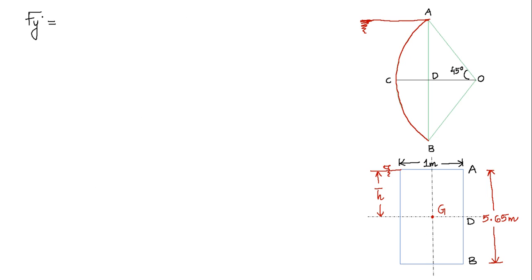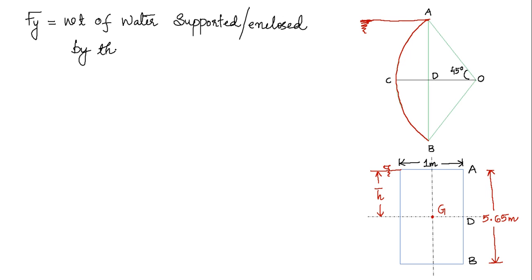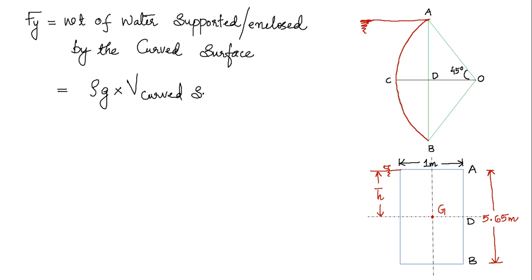The component of the force in y direction, Fy, is the weight of water supported or enclosed by the curved surface, which will be equal to rho g into volume of the curved surface.